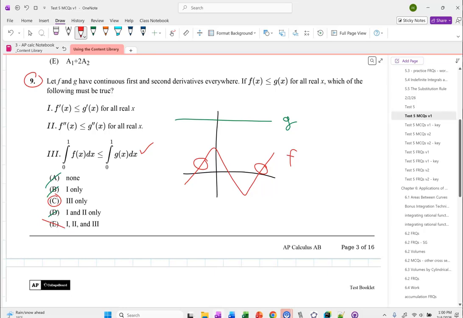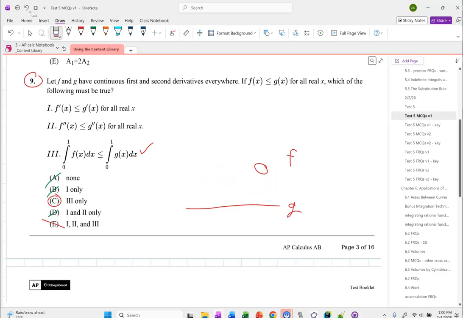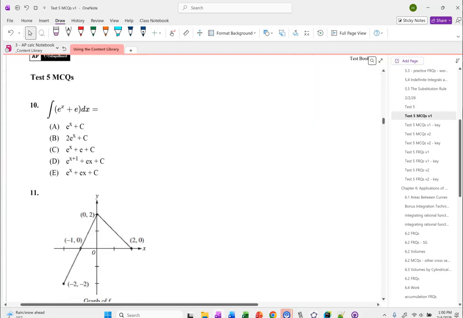It technically wouldn't have mattered if I had drawn f as the zigzag and g as the straight line, because here's a case where the slope is negative and the slope on g is 0. It just doesn't work. Anyway, let's go on to the next one.